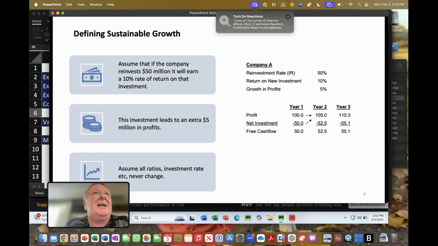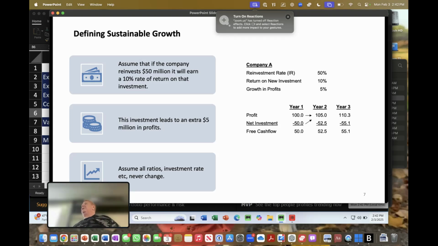Keeps the math easy. If they earn 10%, and they reinvest 50, well, 10% of 50 is 5 million of new profits. If the core business keeps making 100 million, plus 5 million in new profits, company makes 105 million next year. That's what's at the bottom right table. This is mechanically how you go from 100 to 105.